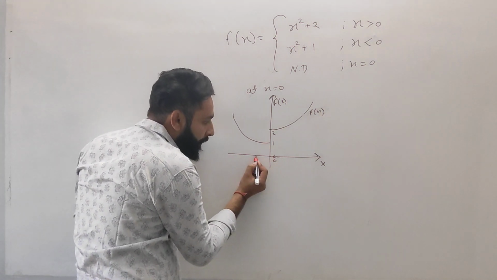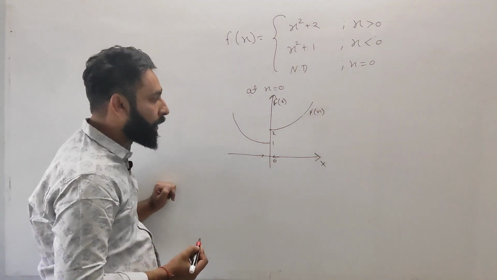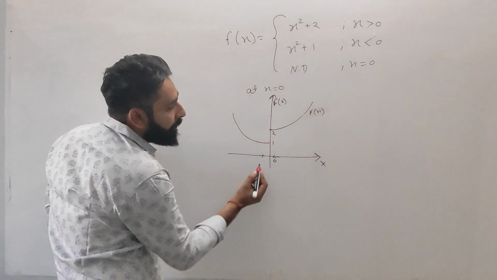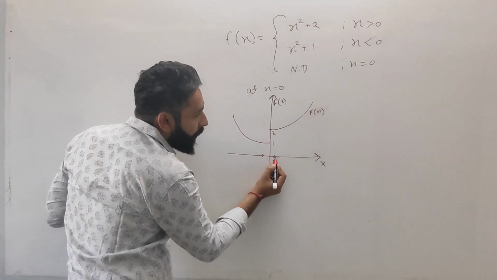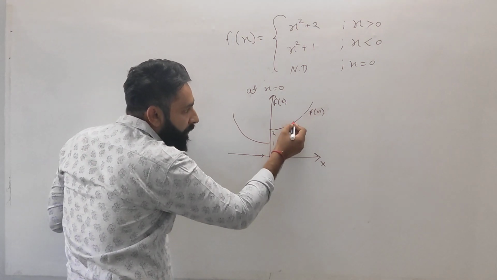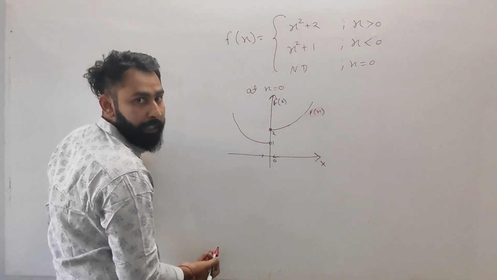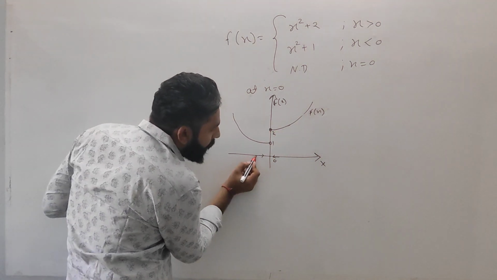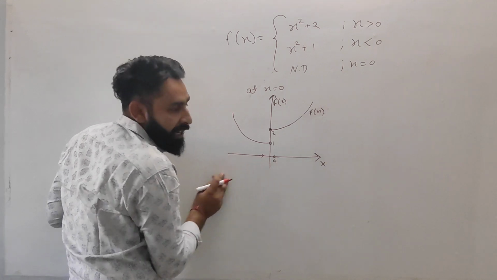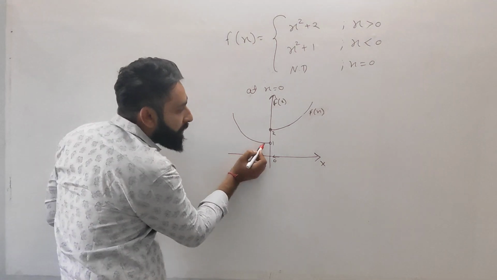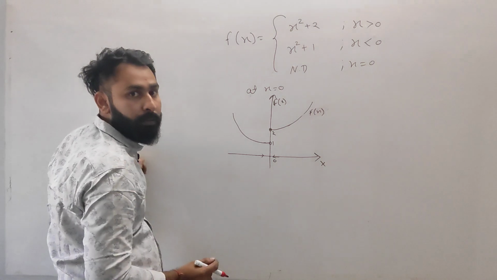One is from the right side, one is from the left side. When x tends to 0 from the right side, the function value attained is 2. When x tends to 0 from the left side, the function value attains 1.